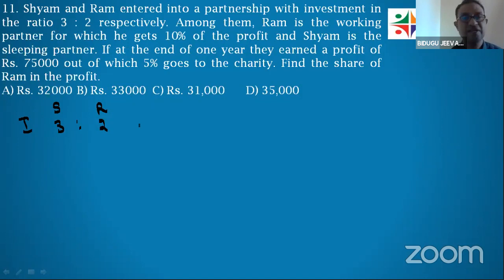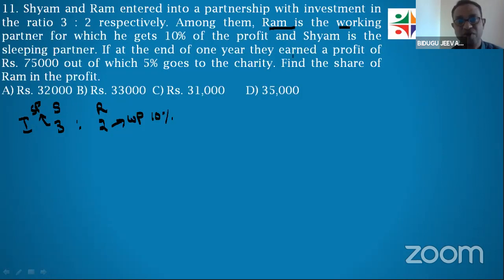Among them, Ram is the working partner, for which he gets 10% of the profit, and Shyam is the sleeping partner. He doesn't get anything; the working partner will get an amount.